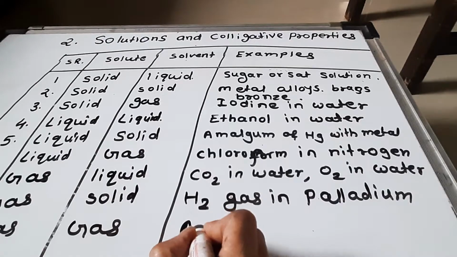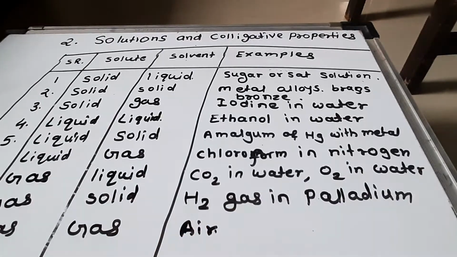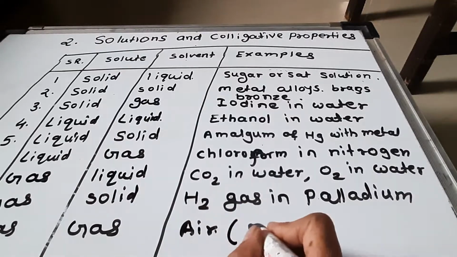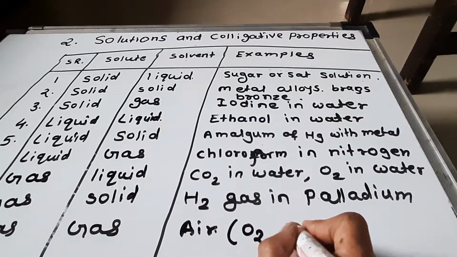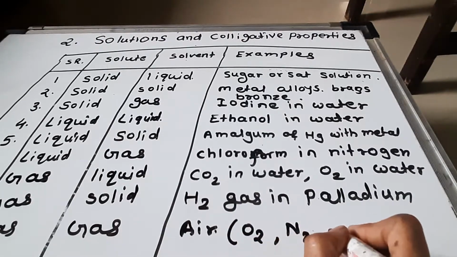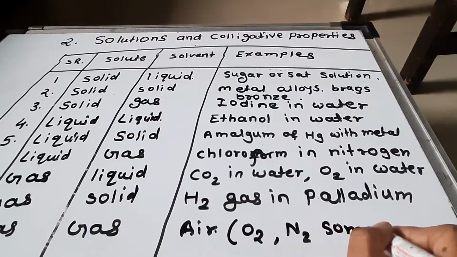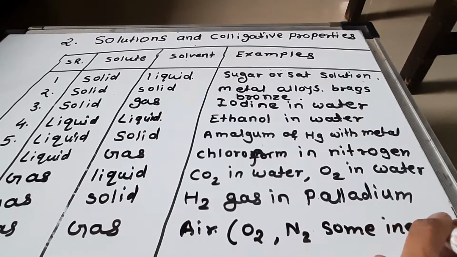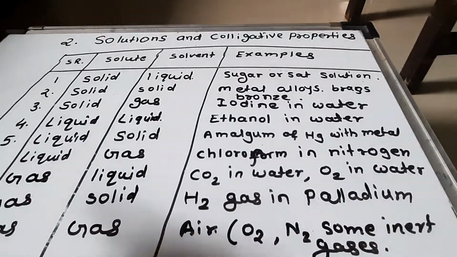So air is the example of gas in gas. In air, there are O2, N2 and some inert gases. So these are the 9 types of solutions according to the states of matter.